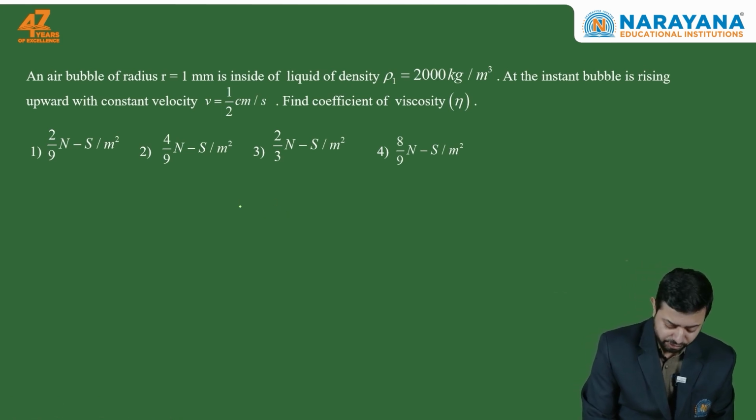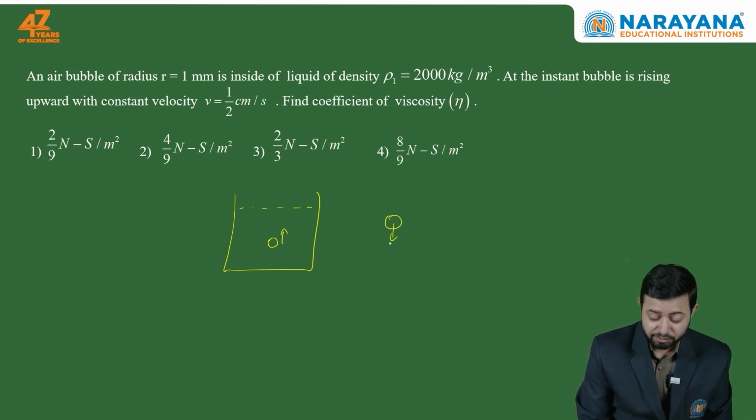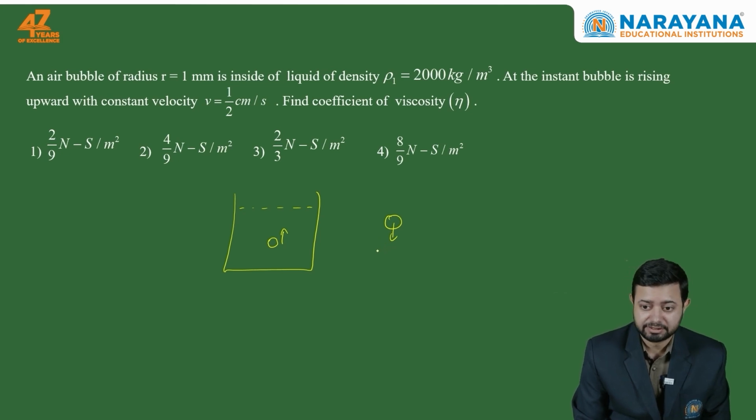Okay, so if you recall the concepts that are involved here, there's an air bubble and it's going up with a constant velocity. So obviously what forces are acting on it? We have a force which is acting downward, the gravitational weight. For the gravitational weight of air, you will take the density of air.